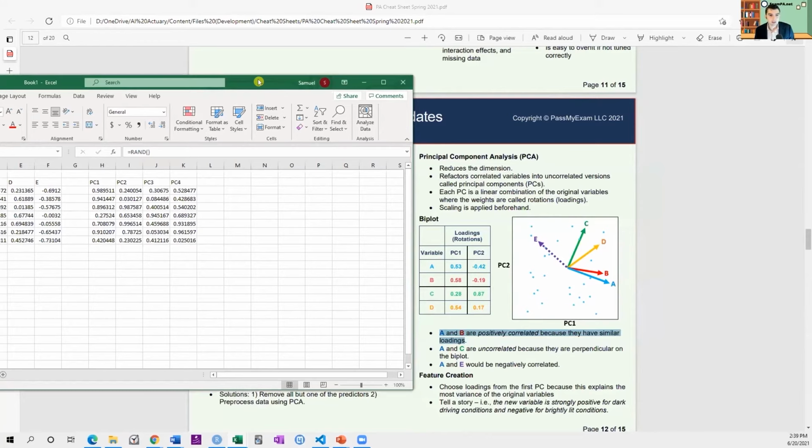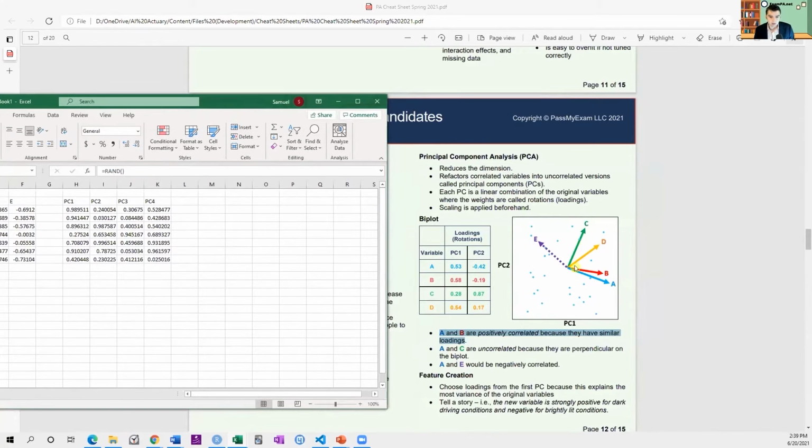There's just no relationship between them. And then D and B, the red and the yellow, would be positively correlated. Let's say you're looking at claims: the person's age and their annual cost. As they get older, they are more expensive.